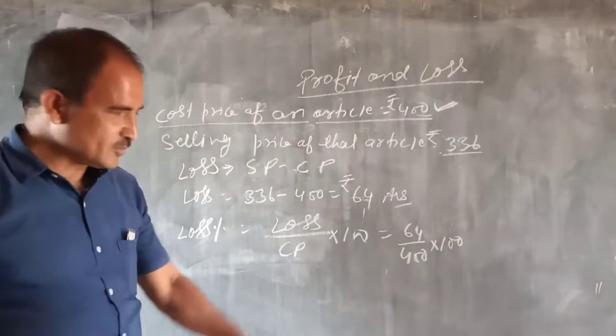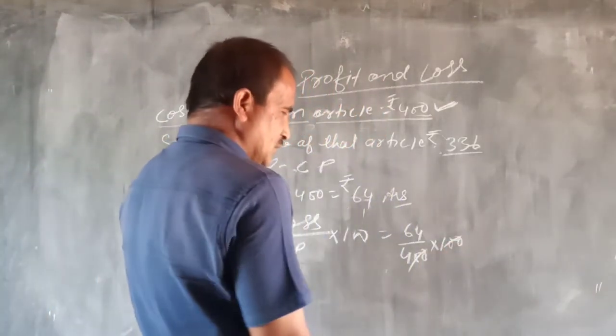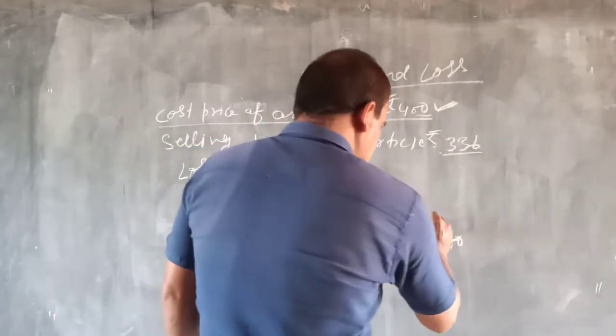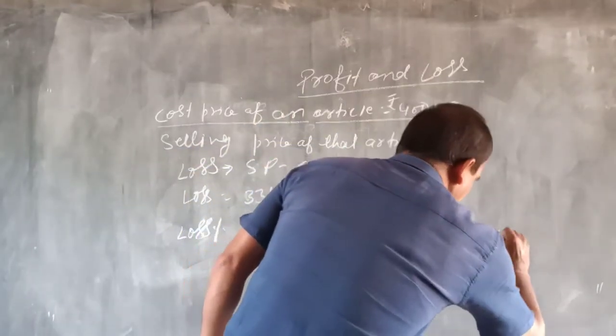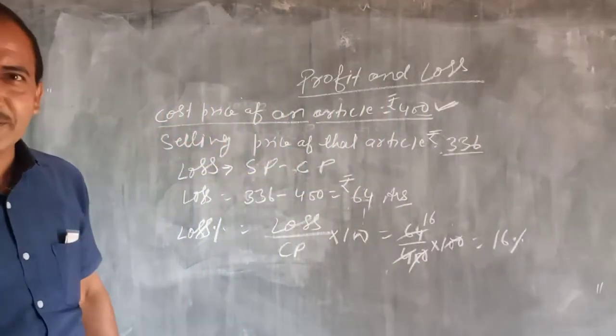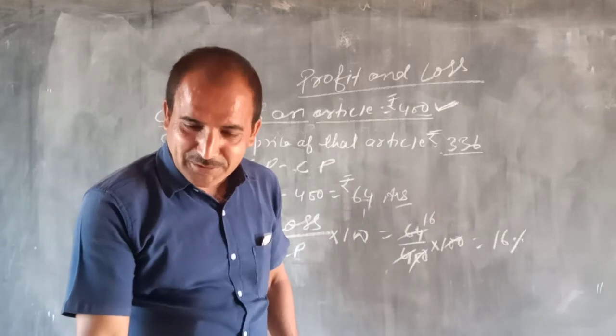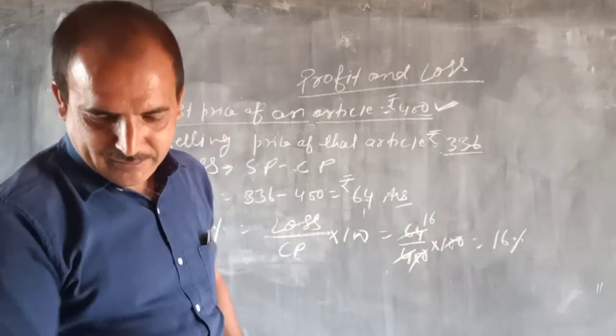The zeros cancel, and 16 times 4 is 64. So there will be a loss of 16%. Have you understood? The loss is equal to 16%.